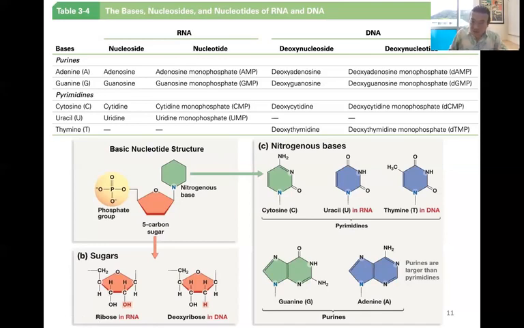If you had 2 phosphate groups added on, this would be adenosine diphosphate, or if you had 3, adenosine triphosphate, okay? So be familiar with this nomenclature, because the sooner you sort this out in your head, the less confused you will be when you're reading about stuff and it's referring to different things, okay?